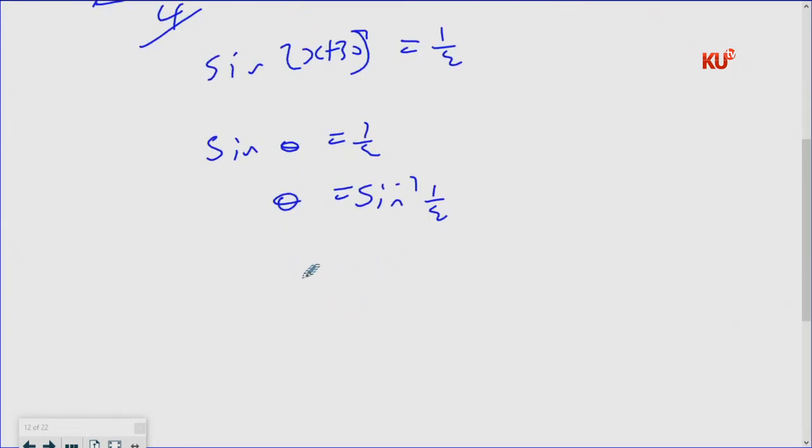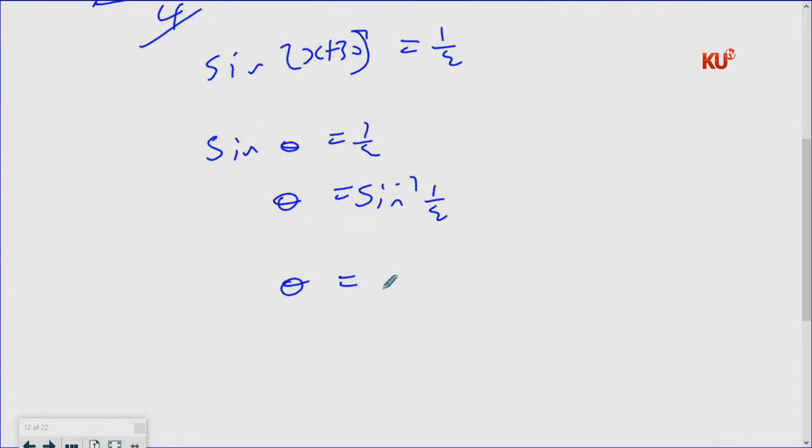So you can use the calculator. Theta will be equal to, what is the sine inverse of a half, my student? Sine inverse of a half is 30. These are special angles. We need to know sine, cos, and tan of 30 and 60 offhand.